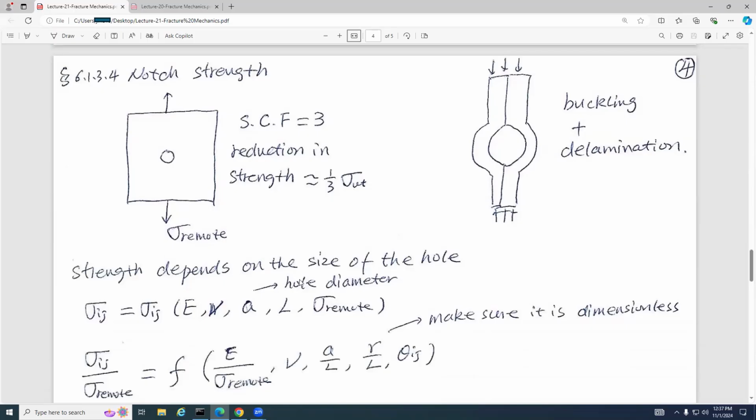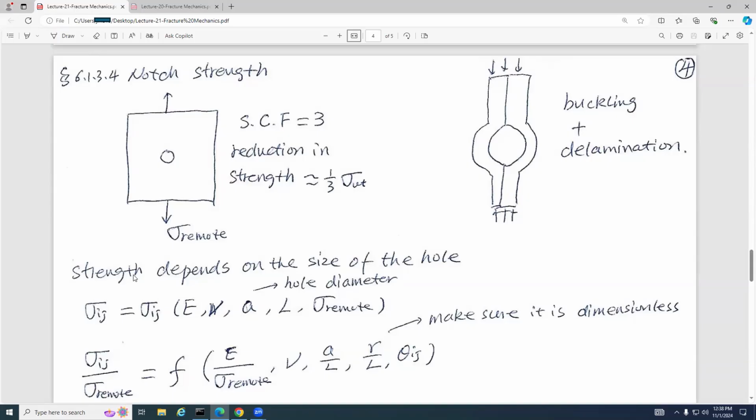So strength depends on the size of the hole. We can still use dimensional analysis to check. Here we use sigma ij, which can be written as a function of Young's modulus, Poisson's ratio, the hole diameter, L the length, and the magnitude of the remote stress.